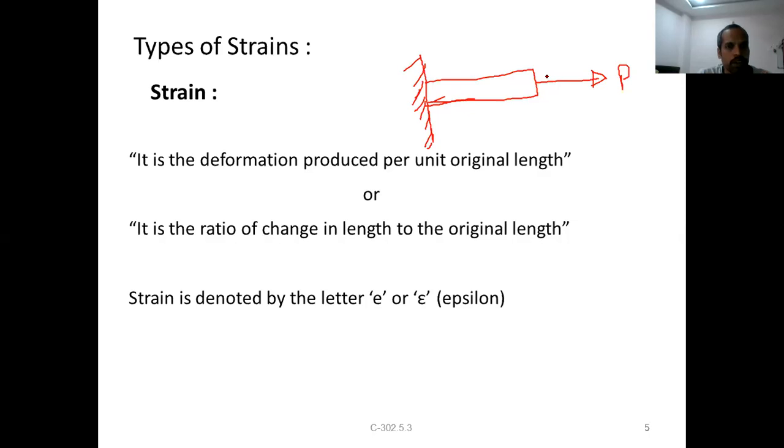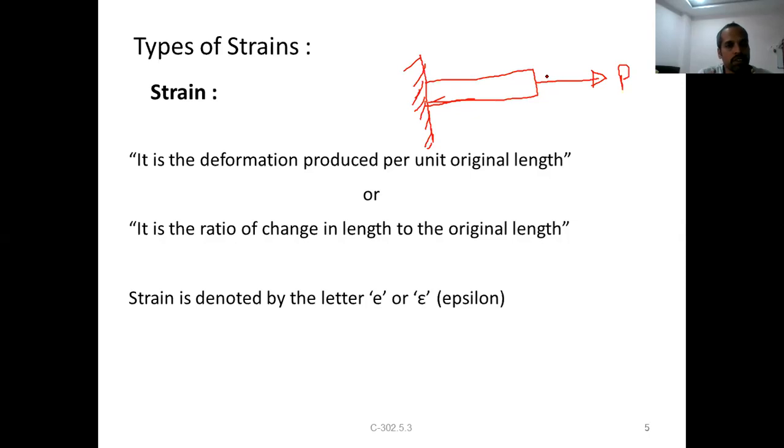If that member is capable of resisting that load, there may be some internal resistance induced in that member.